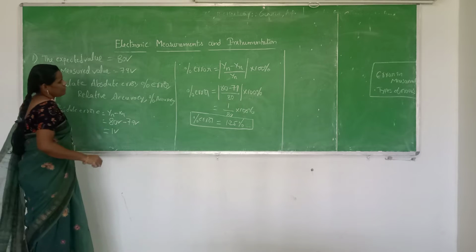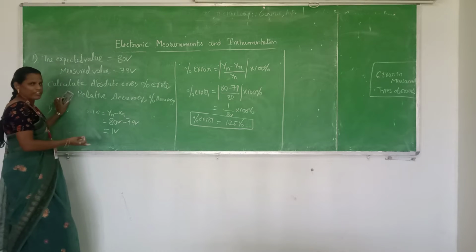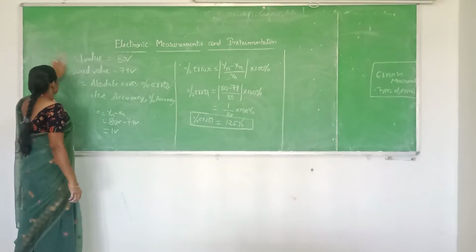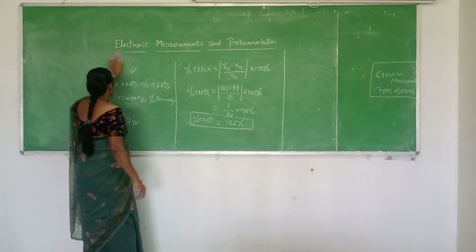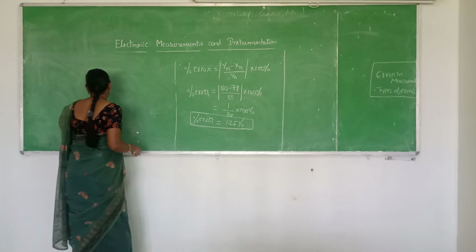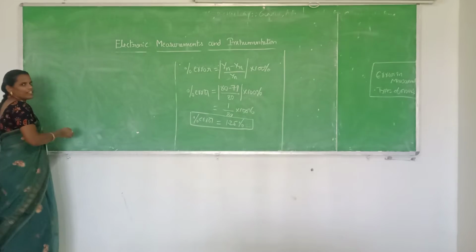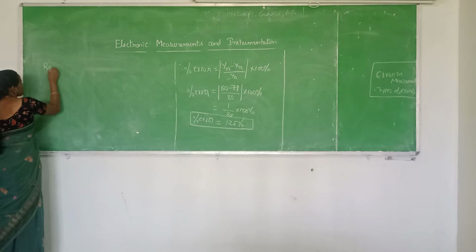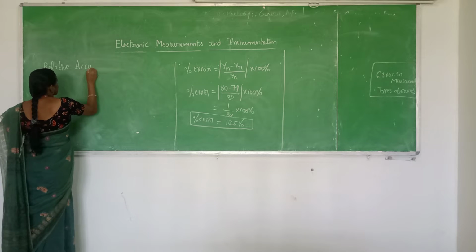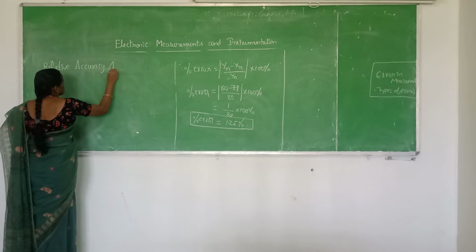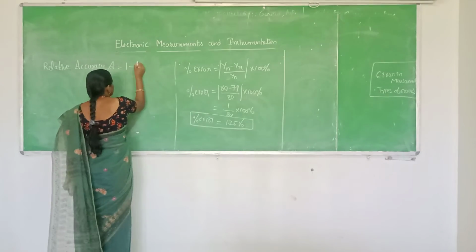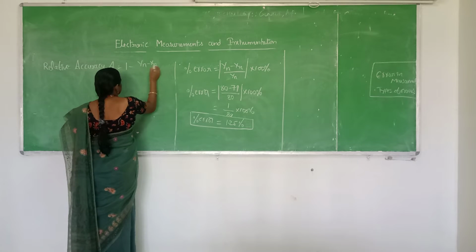So we have calculated two things. Next we have to calculate the relative accuracy and the percentage of accuracy. The relative accuracy A equals 1 minus (yn minus xn) by yn.